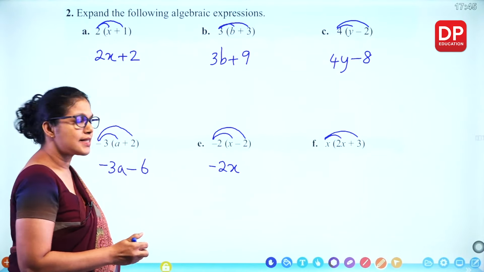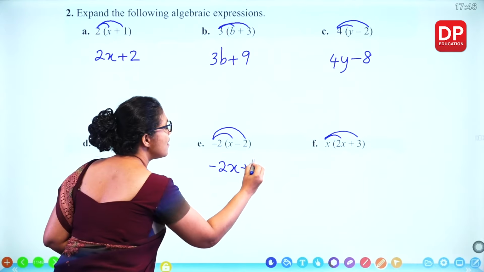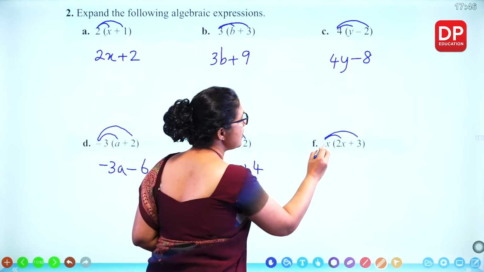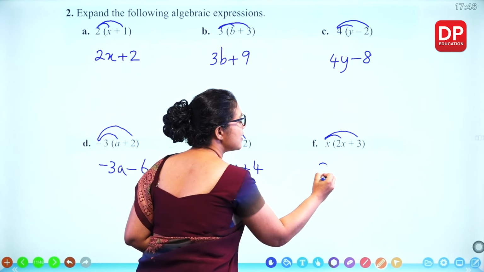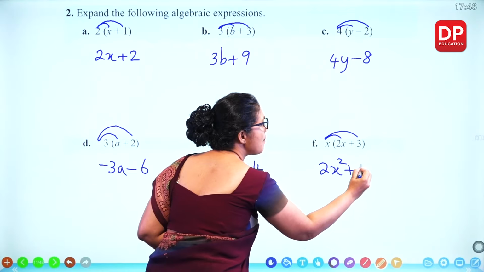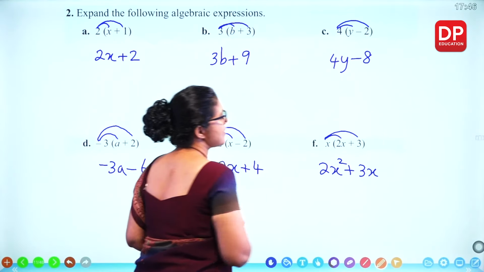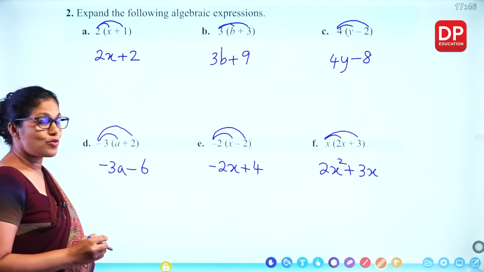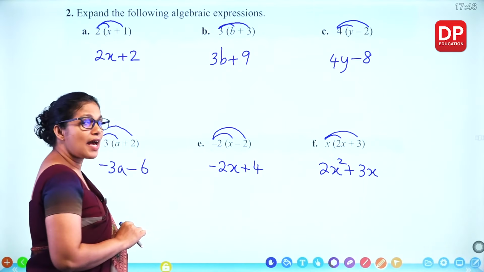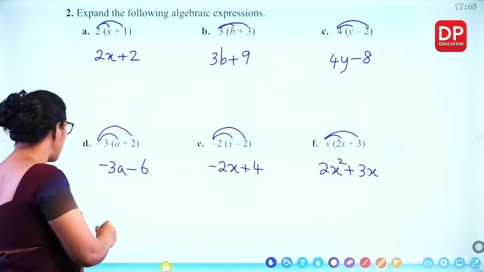Minus into minus, you get positive 4. In this one, x into 2x, 2x squared. x into plus 3, plus 3x. Now you know how to expand brackets. When you get any expression with another one, you know how to expand.